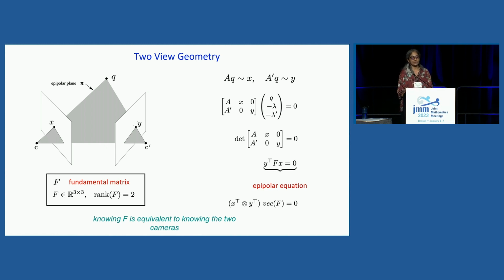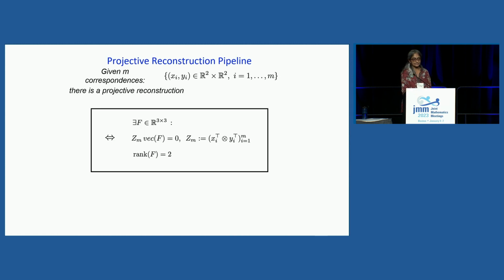So now we have this epipolar equation we can solve given X and Y, look for the matrix F. And if there is an F that is real 3 by 3 of rank 2, then there is a reconstruction. And from the F, you can reconstruct the cameras. That is actually a very simple formula. OK, so this F is going to play an important role for the rest of the slides.